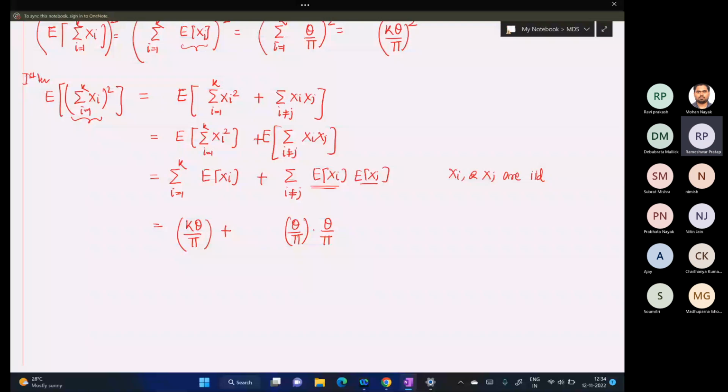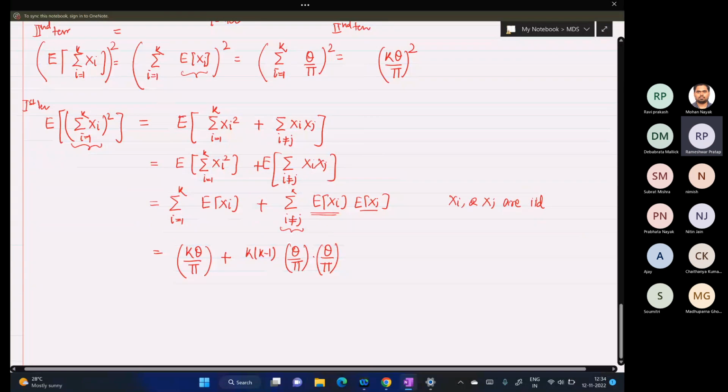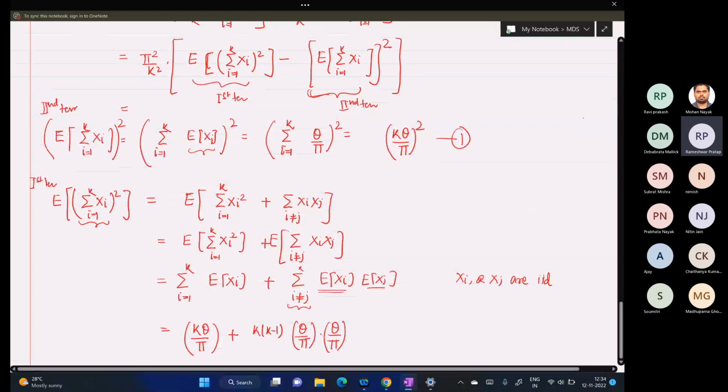And how many terms will be there in the summation, i not equal to j, i and j from 1 to k? k into k minus 1, right? So this will be our first term.